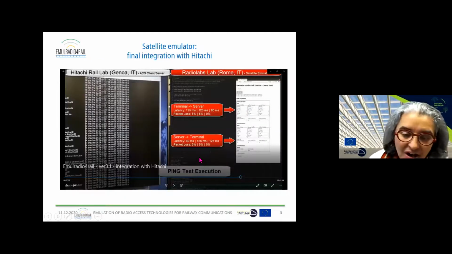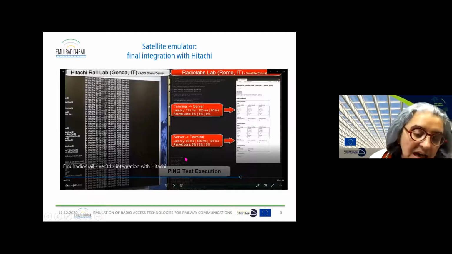So a success, I think, with remote integration of the colleagues of Radiolab with Hitachi, with a different approach, an approach at the IP level. And since the beginning of the project, we thought that the IP level and the RF level are very complementary, and it is quite difficult to test only at the IP level for radio problems and so on.